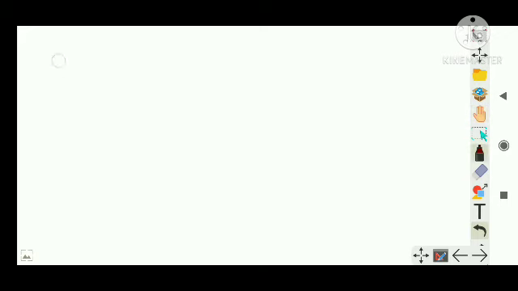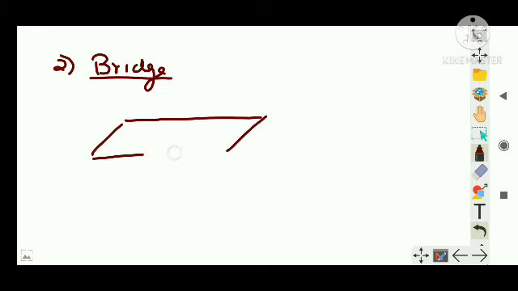Now the second application is, while constructing a bridge. While constructing a bridge, a load of traffic will be there, and you have to check how much the bridge can tolerate. There will be a lot of vehicles on that bridge, right?